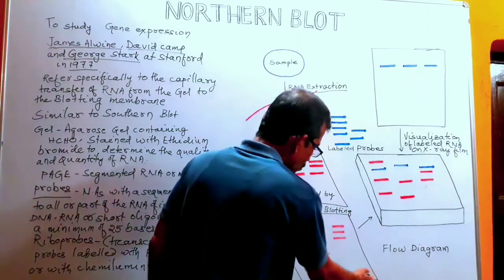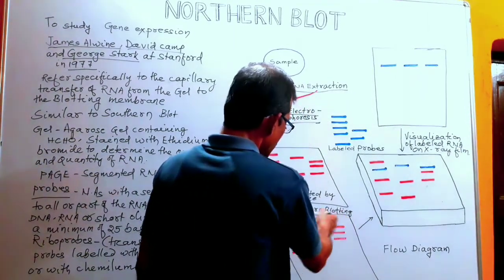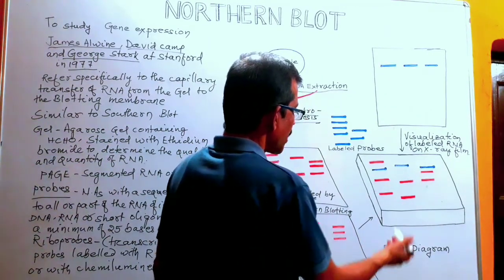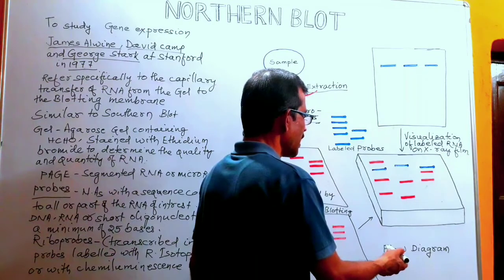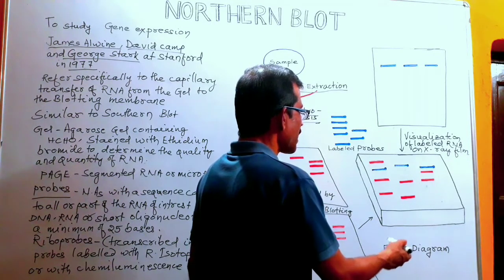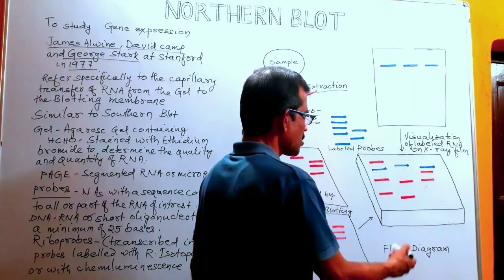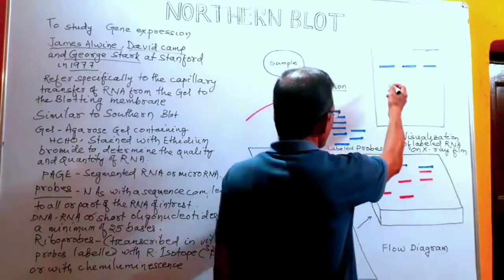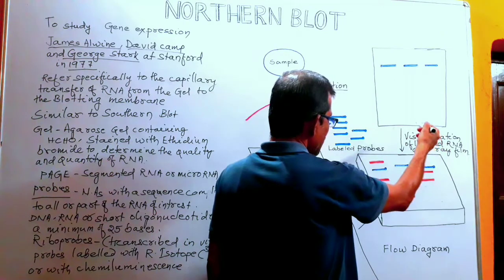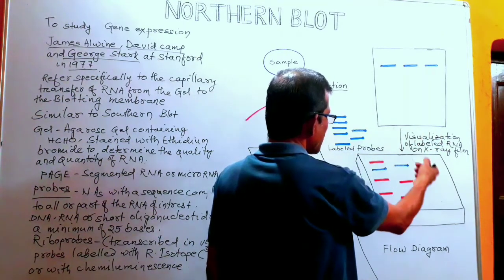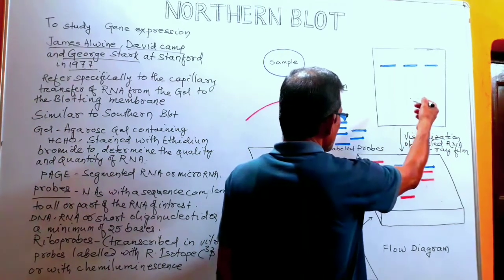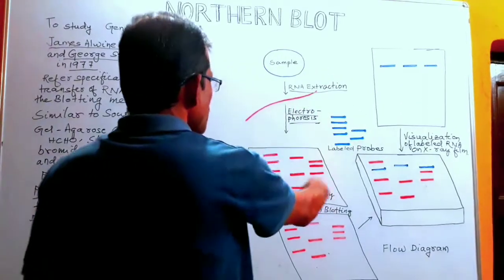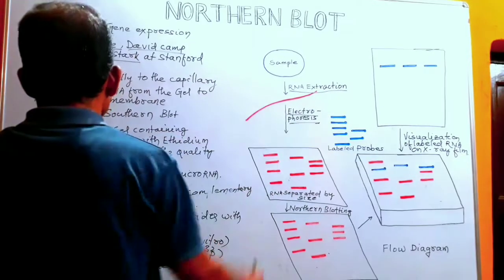After hybridization with a labeled probe, the nylon membrane is washed to ensure that the probe has bound specifically and there is no background noise. After washing, the signal can be detected by X-ray film and the RNA can be quantified by the process of densitometry. This is the process of northern blot.